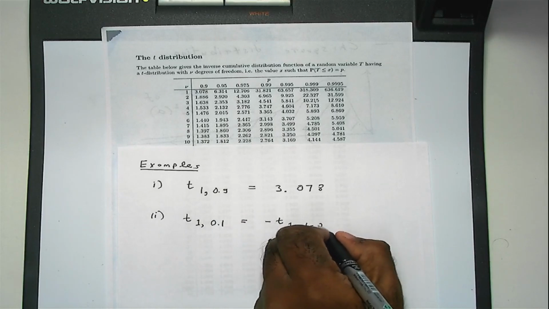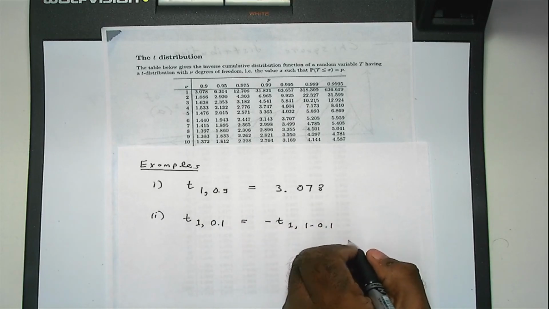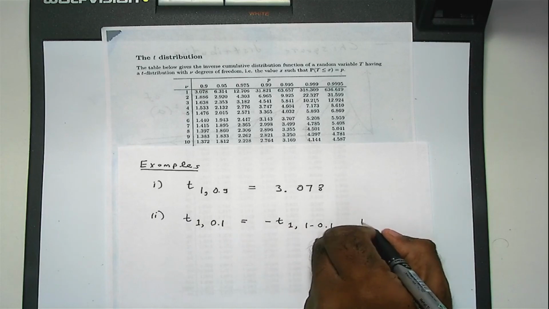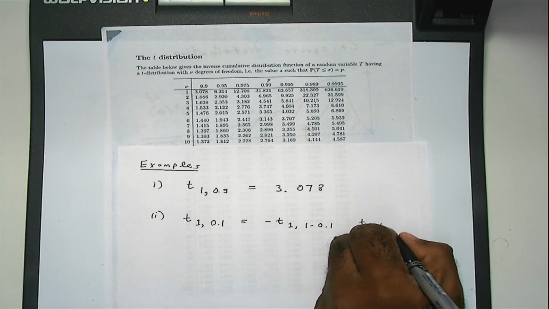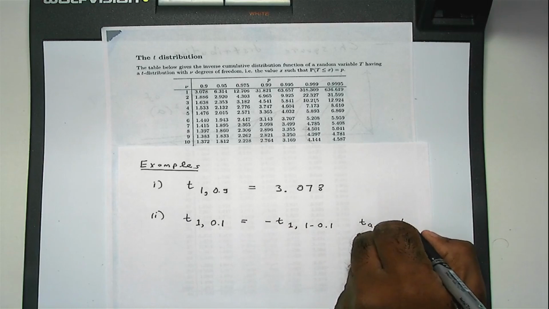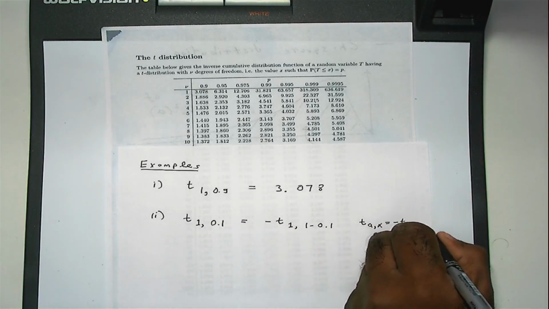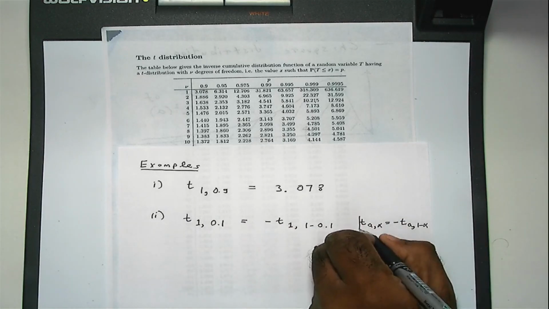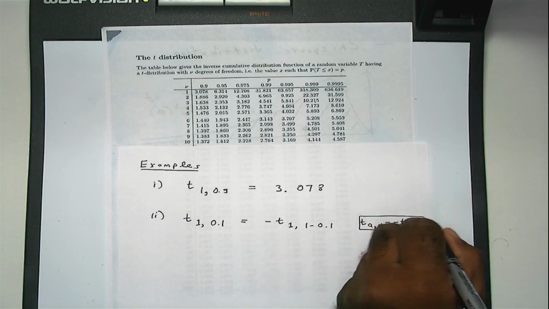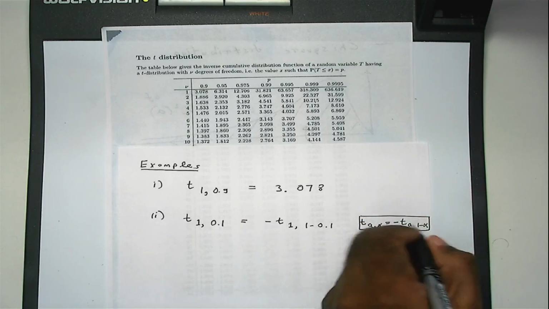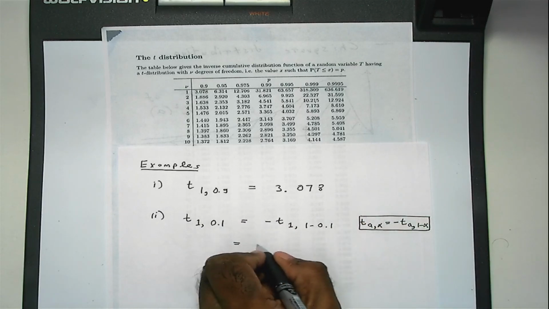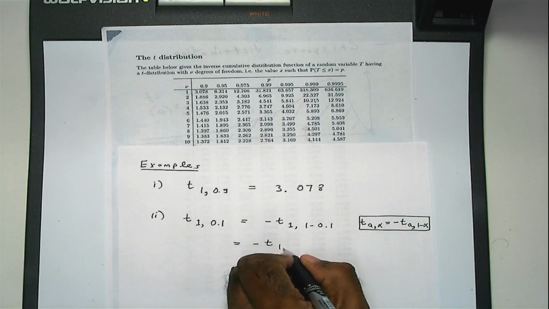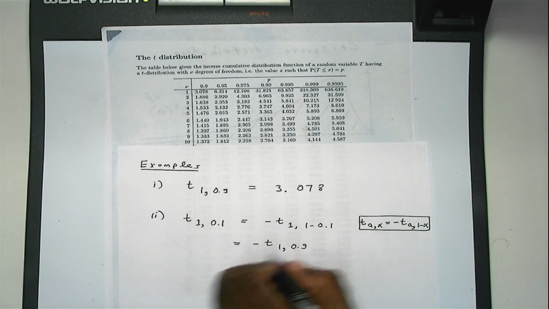The property is: t of a, alpha is equal to minus of t of a, 1 minus alpha. Using this, it is minus of t with 1 degree of freedom and 0.9, which is minus of 3.078.